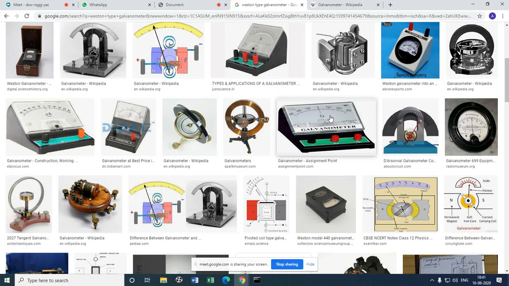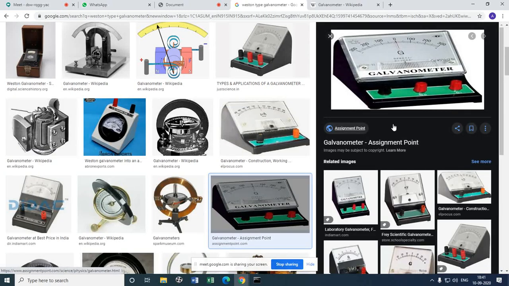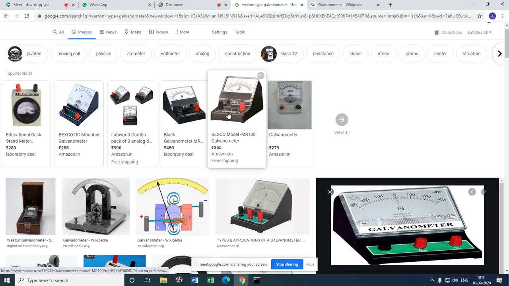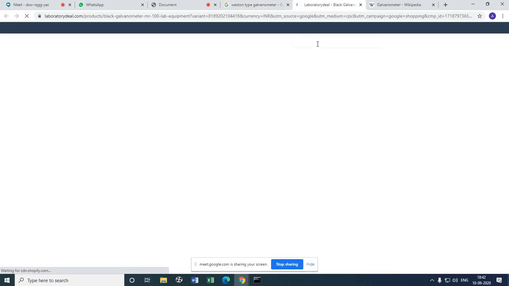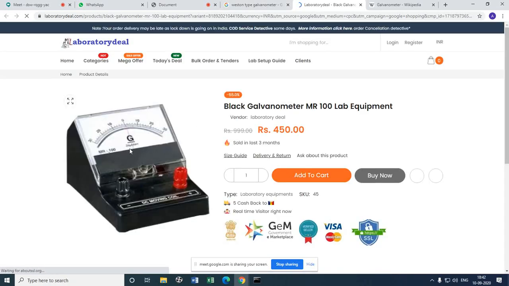I have to use this one probably. It says 20 microamp per division. Can you see? Yes, sir, very faintly.